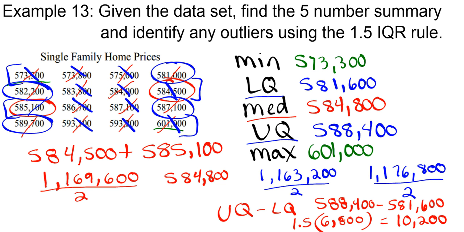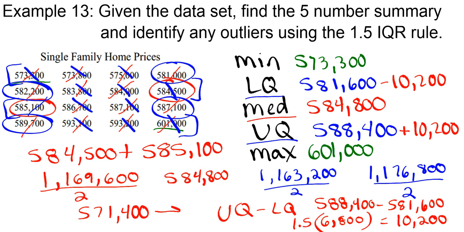Now I'm going to use that to find whether or not I have an outlier. I need to take that number and I need to add it to my upper to tell me how big numbers can get. And I need to subtract it from my lower to tell me how small numbers can get. So I know that the bounds that I can have for my lower, 581,600 minus 10,200, my smallest number I can have is 571,400.